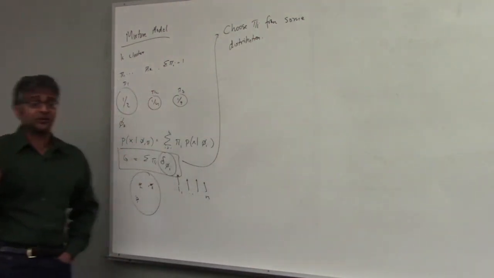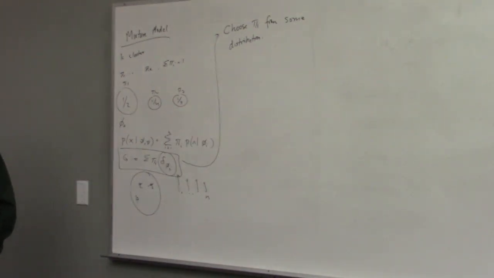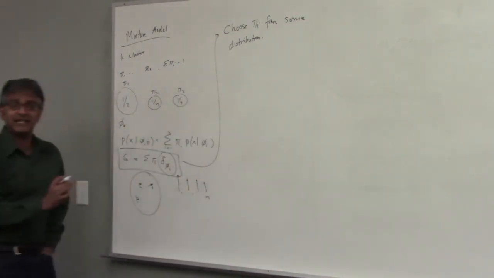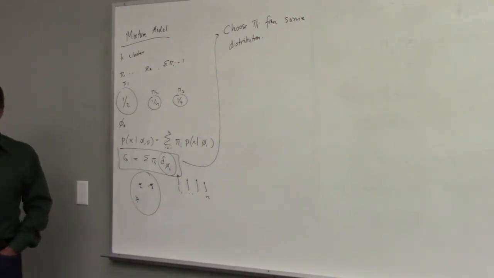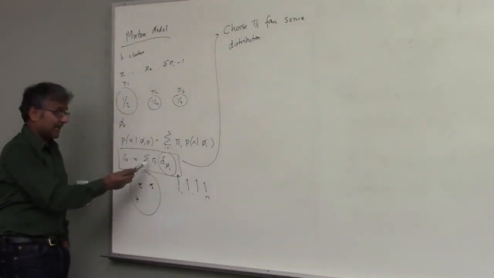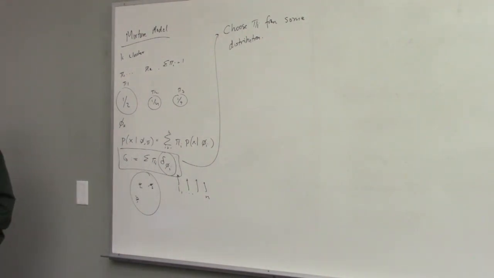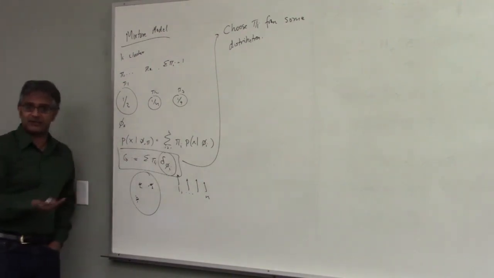some unknown distribution, then G itself becomes a random object, right? Because you can think of, okay, with some probability I choose some set of pi i's, that gives me one distribution. With some probability I choose a different set of pi i's, that gives me a different distribution. So in effect, by rewriting that sampling distribution in this form and allowing these to be random, I can now generate random distributions, which is the thing I wanted to do, and that's why I wrote this out like this in the first place.